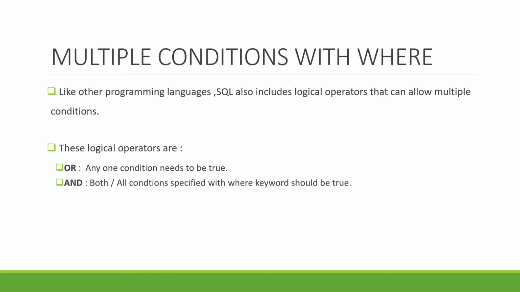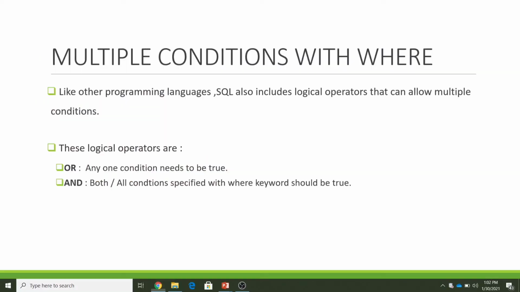Similarly here, the or keyword means that any one condition should be true. Whereas with the and condition, all conditions specified with and should be true, right? So the meaning of and, or is the same as the normal logical operators.